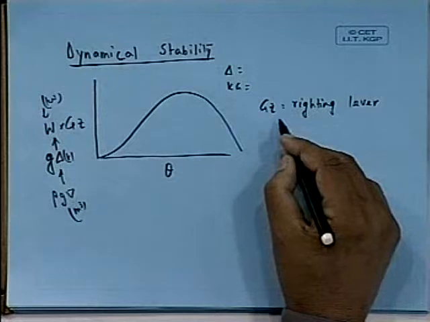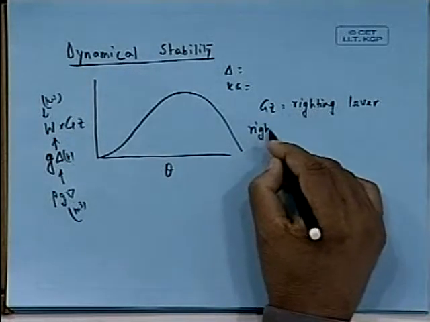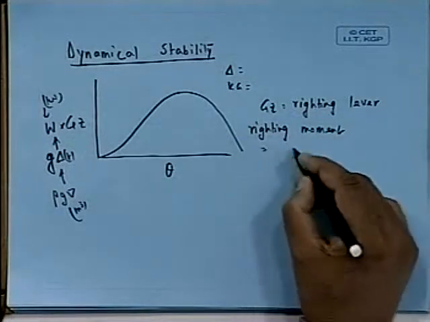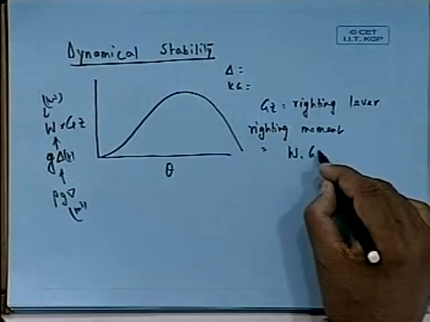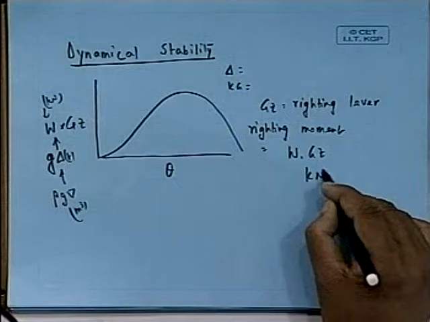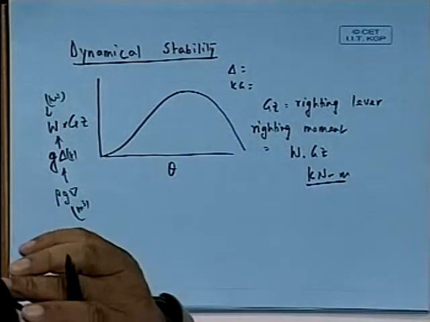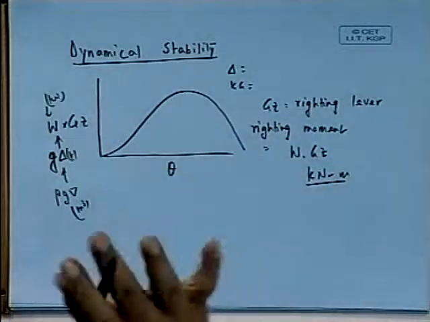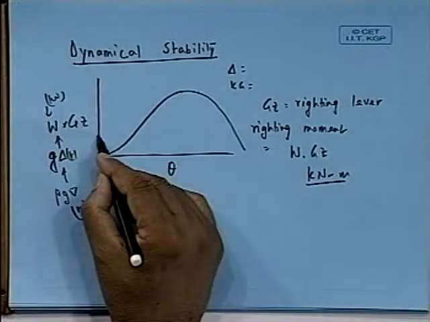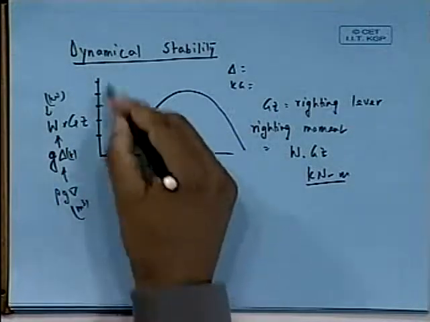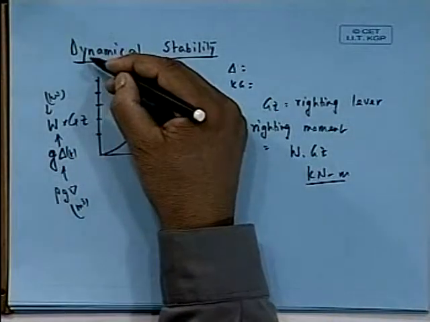Now the righting moment is W into Gz. This is in kilonewton meter unit. You see the nature of the curve remains same. In fact, one can put simply two scales, one for Gz and another scale with that scale factor.